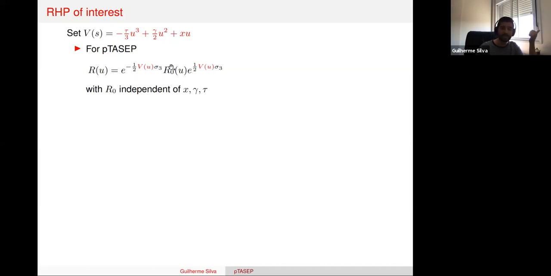It looks like an R0 matrix in the center, conjugated by a matrix which is computed out of V. This R0 is independent of all the parameters x, gamma, and tau. It just contains some characteristic functions and some polylog, but it's simple and independent of parameters.